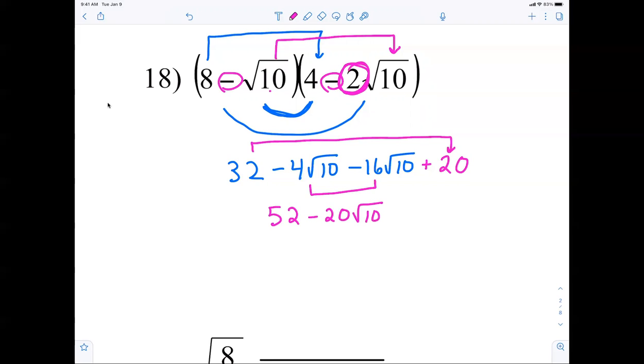Minus 20 radical 10. Anybody have any questions? Okay.